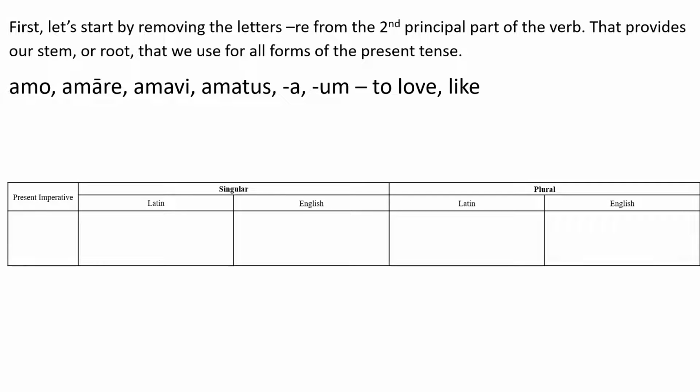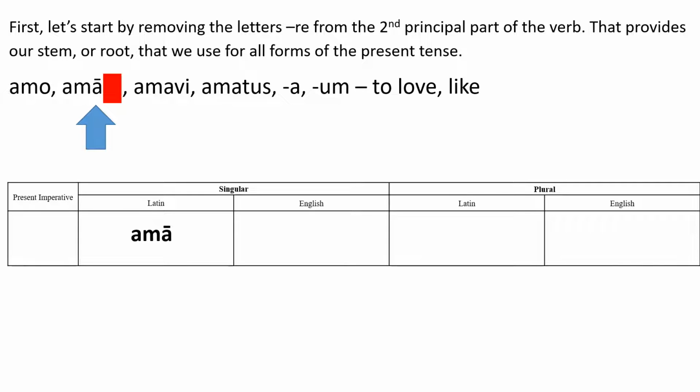First, we start like we always do. We start by removing the letters RE from the second principal part of the verb, and that gives us our stem, or our root that we use for all forms of the present tense. Our verb is amo. So go to amare. Always start here in the present. Chop off the final 2 letters. Your stem is ama. Okay, we're going to use that.